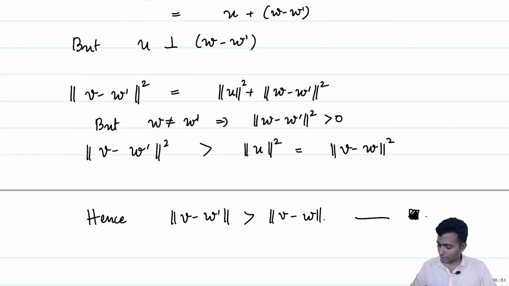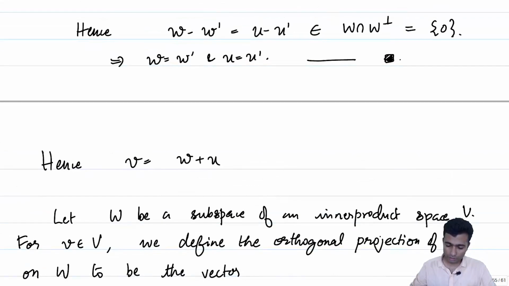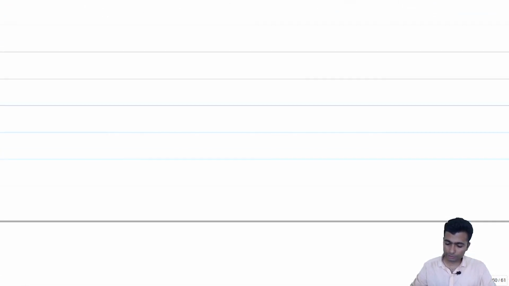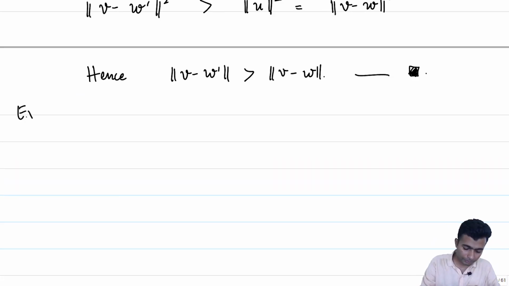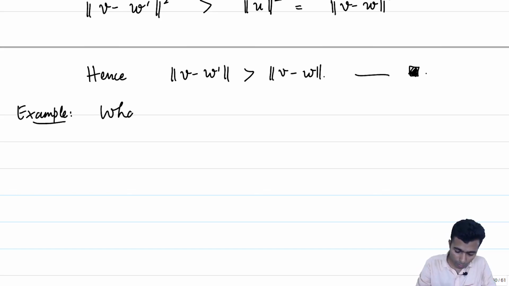So let's look at the example from before and try to ask the following question. What could be the best possible linear approximation? Let me use the terms which we have just defined.